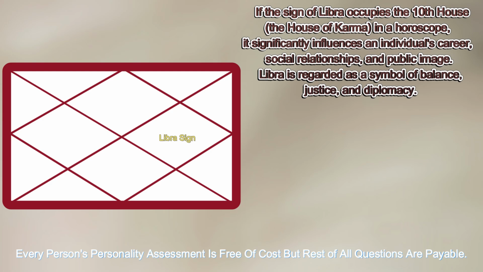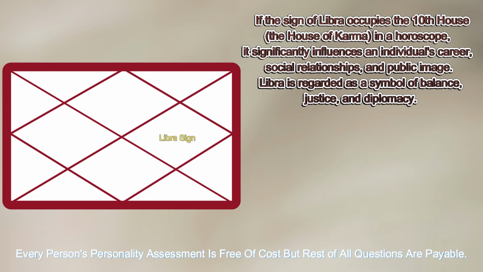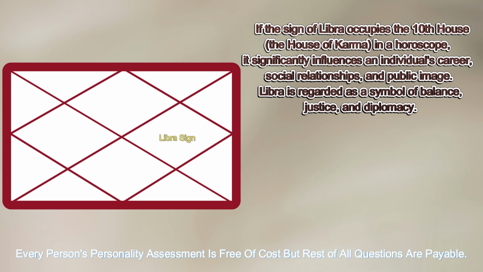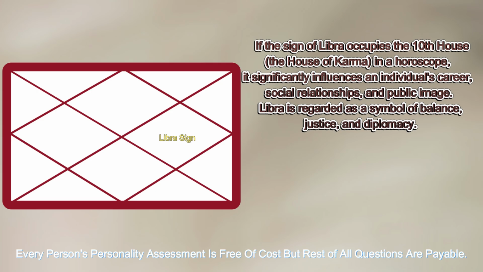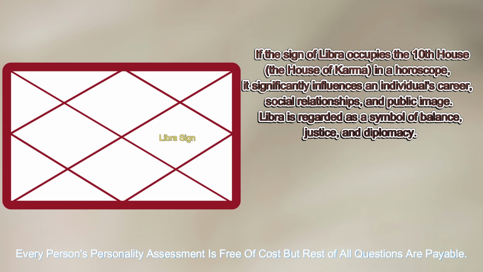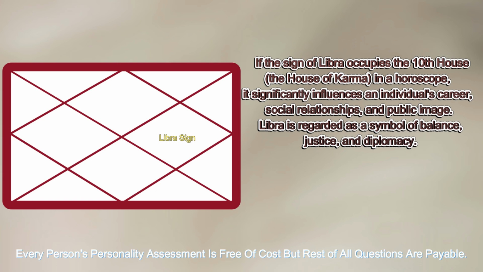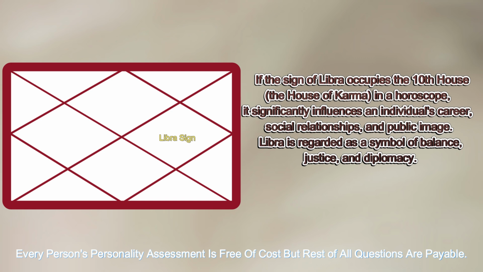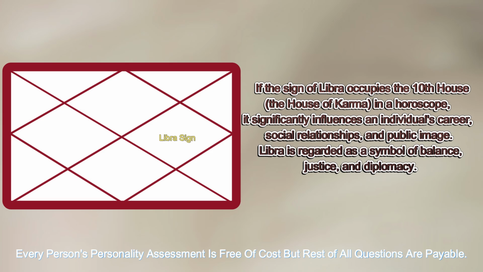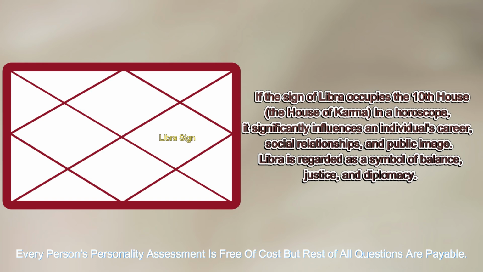If the sign of Libra occupies the 10th house, the house of karma, in a horoscope, it significantly influences an individual's career, social relationships, and public image. Libra is regarded as a symbol of balance, justice, and diplomacy.